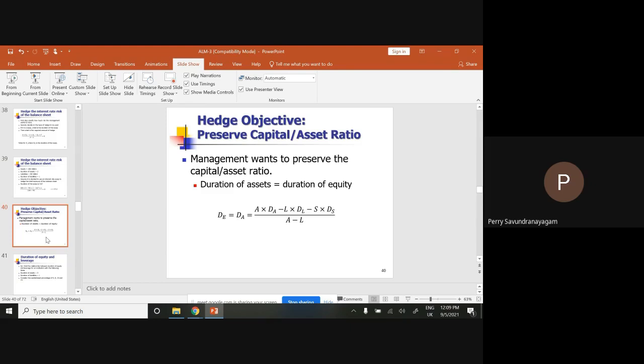If the management wants to preserve the capital and asset ratio, you can use duration for that as well. So the duration of assets should equal the duration of equity. In order to do that, you calculate at a point in time what the duration of your assets is against your liabilities, and arrive at a number there.